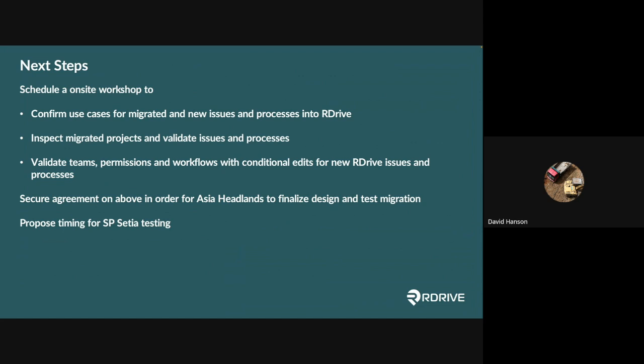For example, we have a migration tool being developed by SnagR specifically for SP Setia to allow us to migrate all the data and, through the API, access the users and assign them to the correct team on a project by project basis.